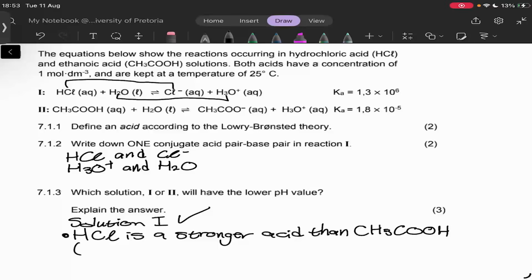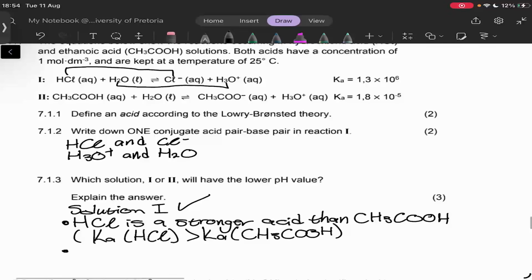So with this, how do you know that? You can say that HCl has a higher Ka value. And then our second mark would come from stating that HCl will produce a higher concentration of H3O plus.